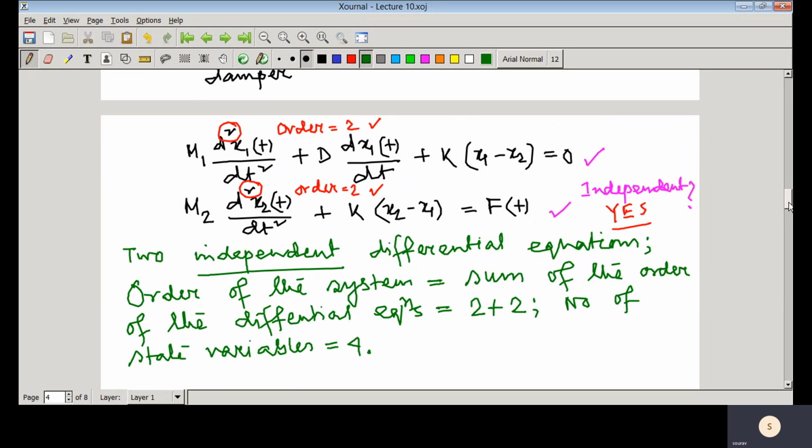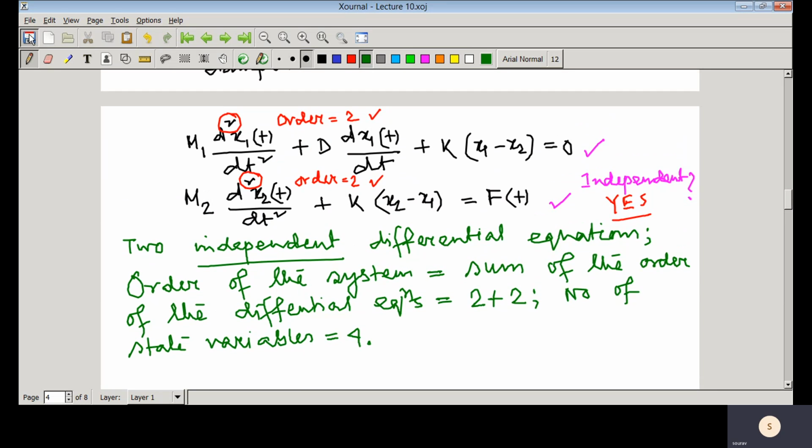So let me describe it again. Whenever a dynamical system is described by a set of differential equations, you need to first see whether the differential equations are linearly independent or not. Suppose you have three differential equations, two of them linearly dependent and the other one linearly independent.